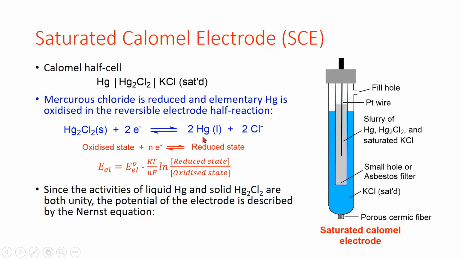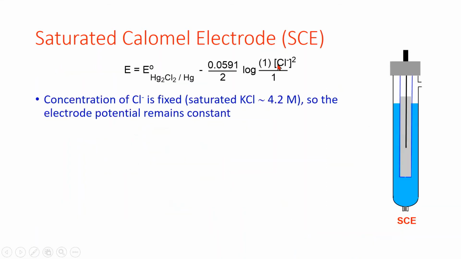Since the activities of mercury and mercurous chloride are both unity, the potential of the electrode as given by the Nernst equation is: E electrode equals standard reduction potential minus 0.0591 by 2, which is the number of electrons involved, log of chloride ion concentration squared. The concentration of chloride ion in the saturated calomel electrode is about 4.2 molar, and the electrode potential remains constant as KCl is saturated.